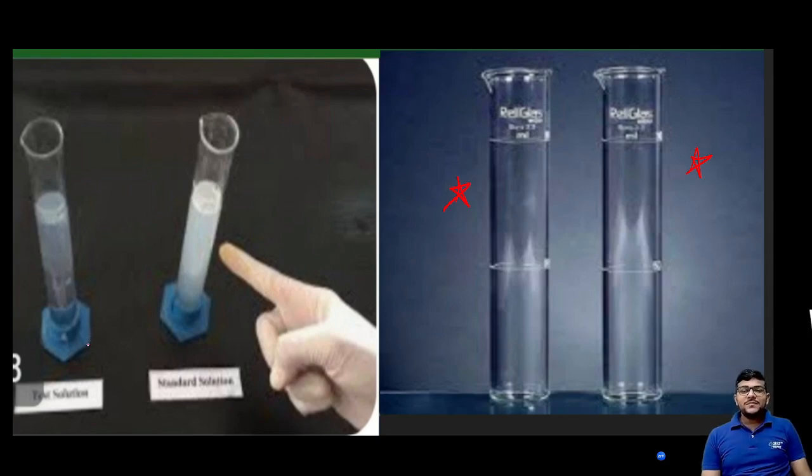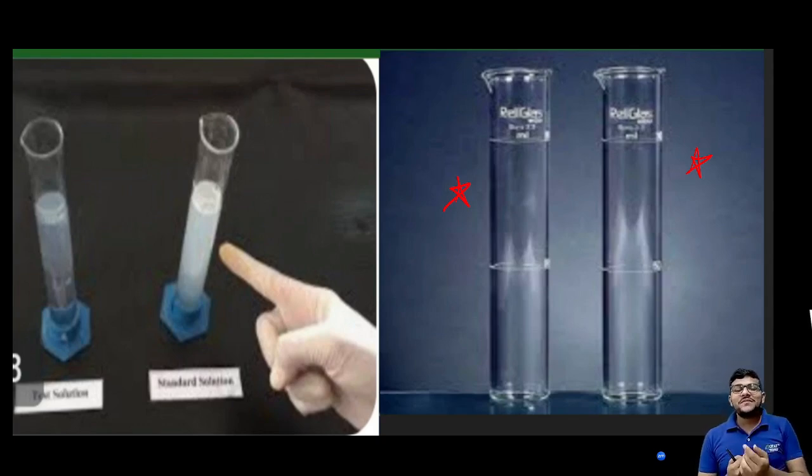Usually we perform the limit test of chloride, sulphate, and iron, and in these tests, as in the chloride test, we compare the turbidity, meaning how much more turbid one is than the other. We compare the test with the standard to see if they match, or if there is a difference, and according to that we identify whether the limit test passes or fails.